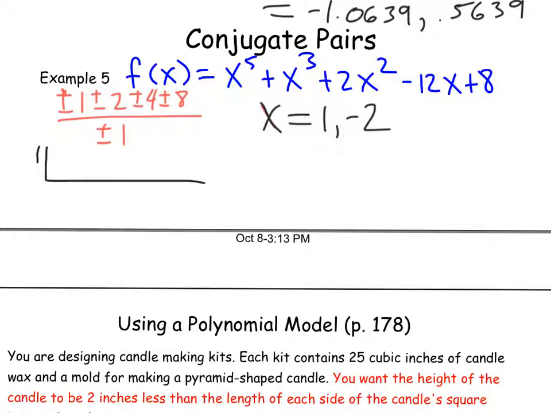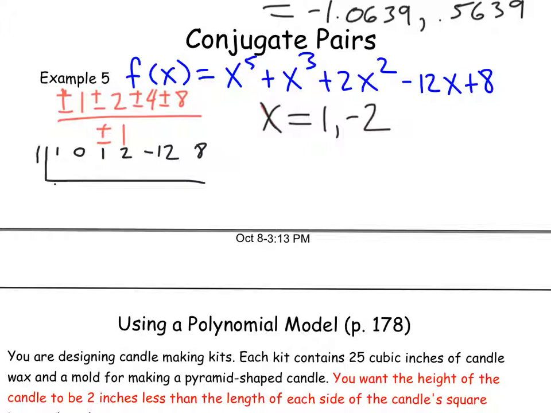Now I'd have 1. Don't forget the 4th power is a 0. 1, 2, negative 12, and 8. A lot of terms on this one. This is a 5th degree. This is kind of getting out there. I think in day 1 I showed you a 4th. This whole process starts if we have at least degree 3, but here's our first look at a 5th.